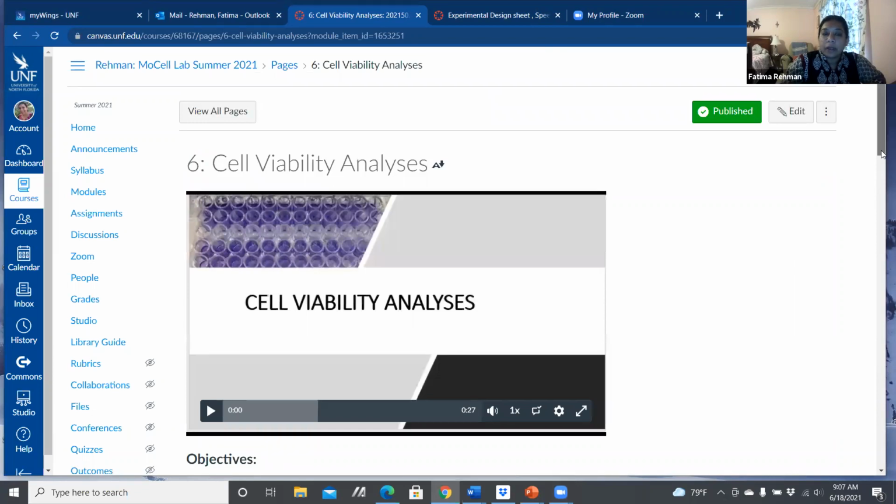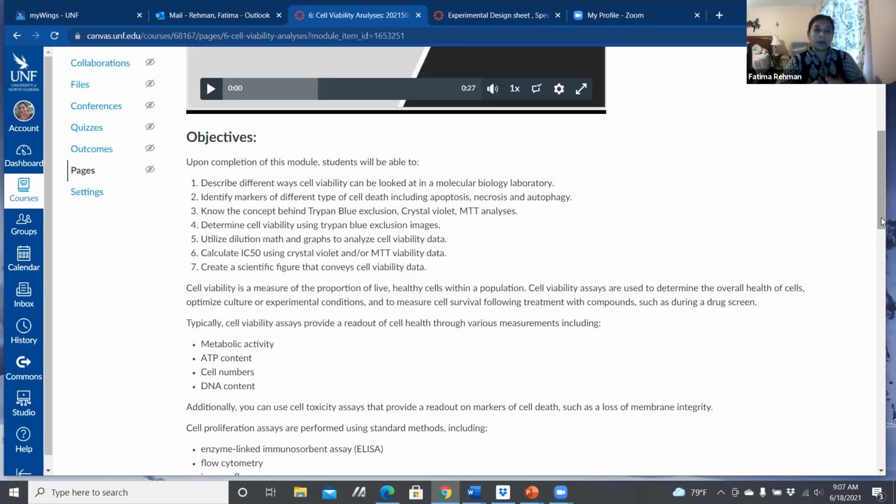If you look at the module today, it's going to give you your objectives, just like always. Our main goal today is to understand different ways that we can look at the health of the cell and the viability of the cell in a molecular biology lab. We are going to do that by looking at several different parameters of cell viability and cell health.